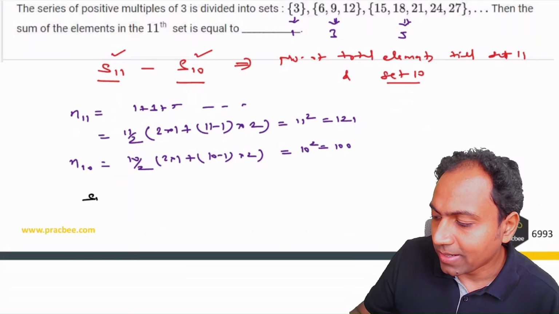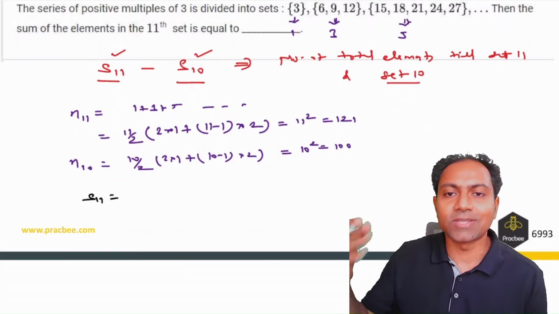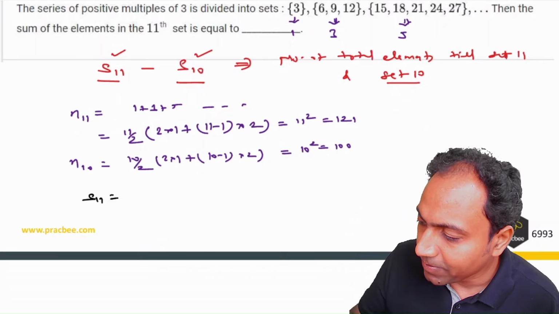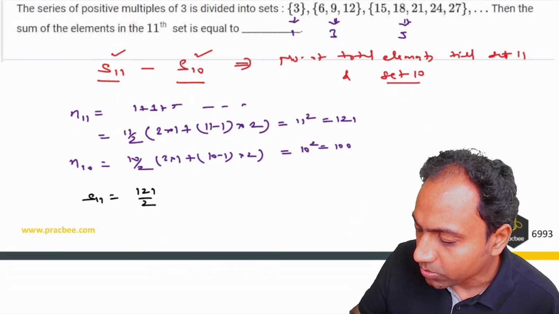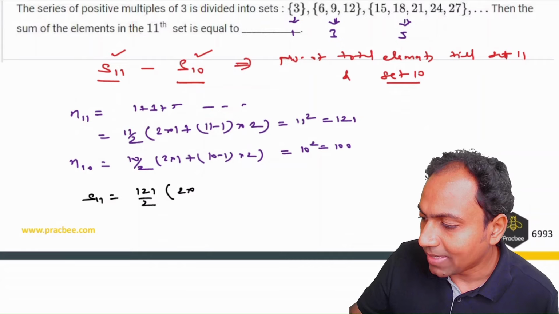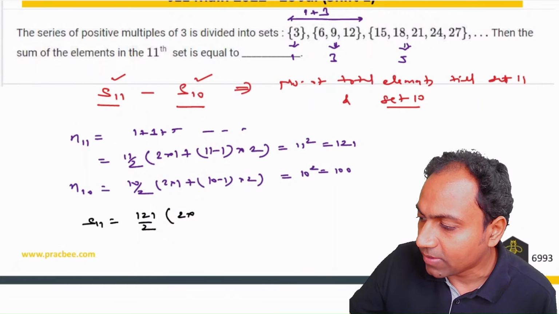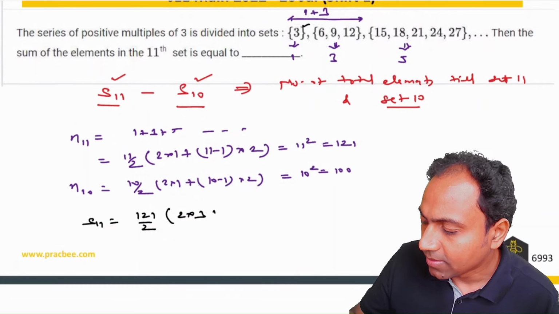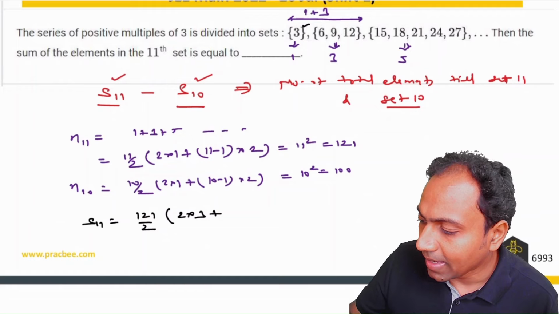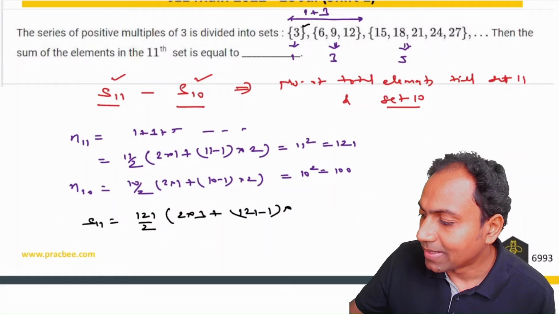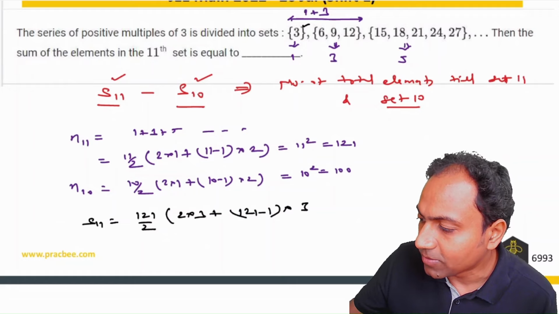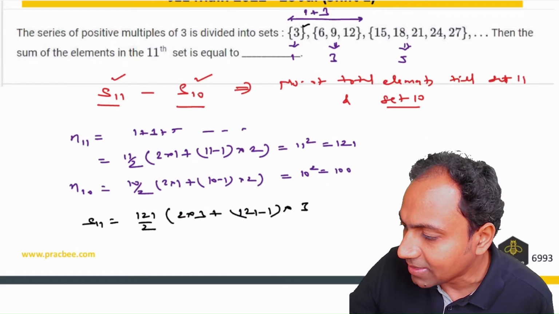In order to find S11, or the sum of all the sets till 11, I can do it by using 121 by 2 into twice of A. Now for this series, you can see that A will become 3, and n minus 1, that is 121 minus 1, into D. D in this situation would become 3, because now we are considering the series 3, 6, 9, 12.